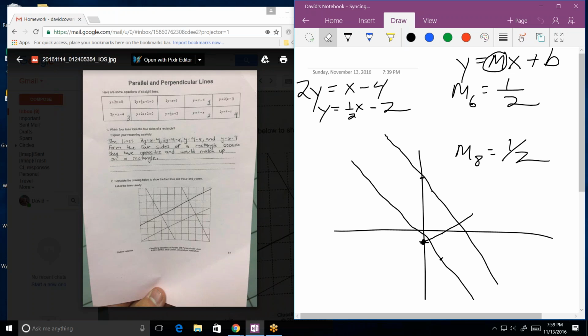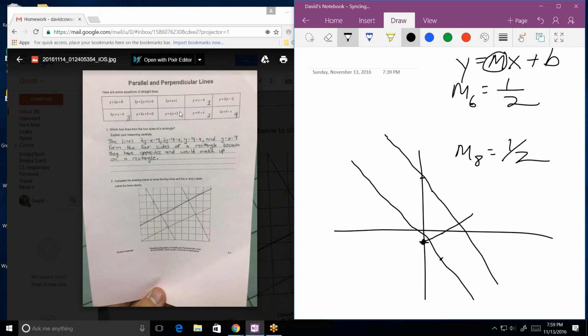Okay? So, finally, the last one we've got to do is M8, which we don't have to manipulate to put it into mx plus b format. How do I graph that? You start at positive 2. Okay, that was 8, so 2 is going to be right about there.